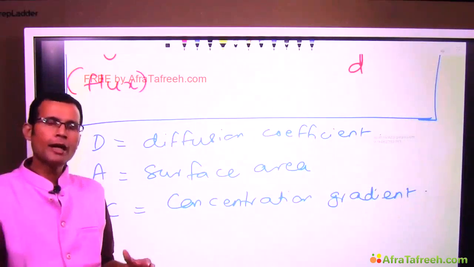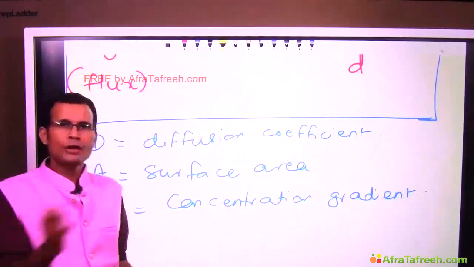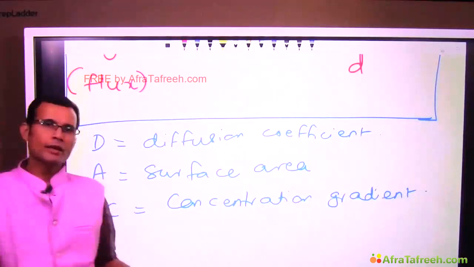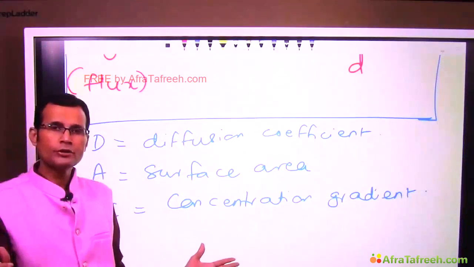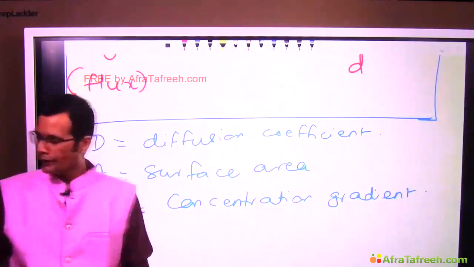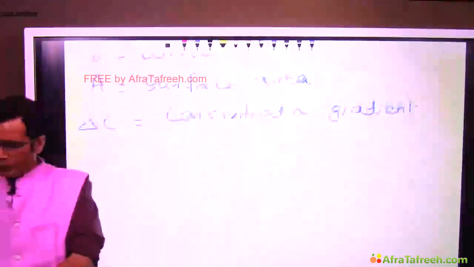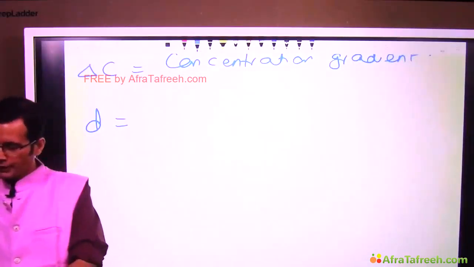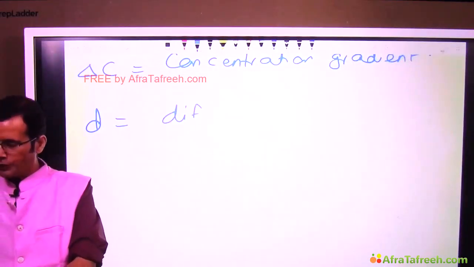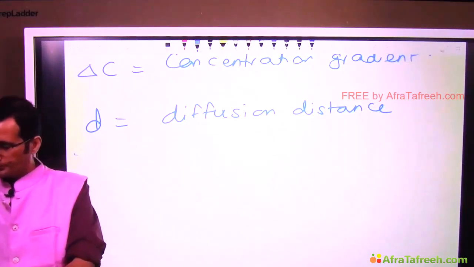It's going to go from high to low concentration. So there are two concentrations on either side of the membrane, C1 and C2, and larger the concentration gradient, faster will be the rate of diffusion, as you can see directly proportional. And then small d, thickness of the membrane or diffusion distance.